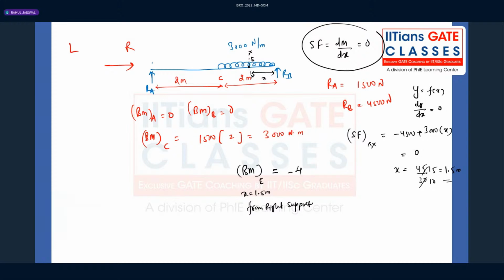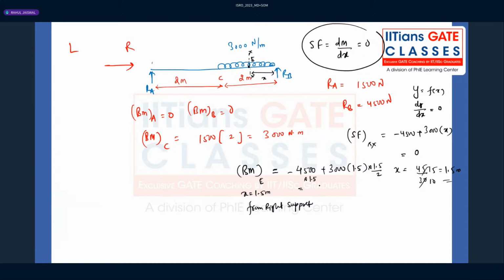So what you can calculate? RB is minus 4500 Newton plus 3000 into 1.5. That is a load, right? But 4500 into 1.5 into 1.5 divided by 2. So when you calculate, it is 4500 into 1.5 minus 1500 into 1.5 into 1.5.